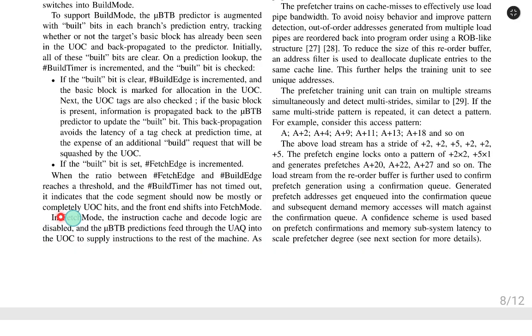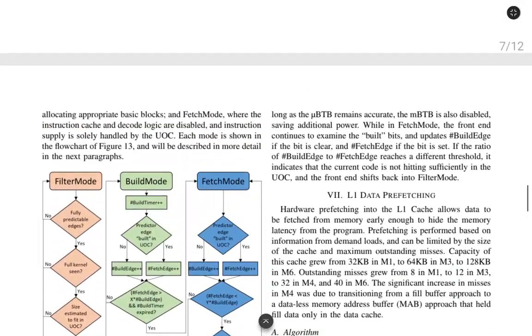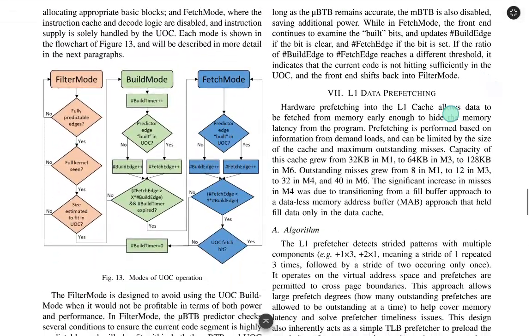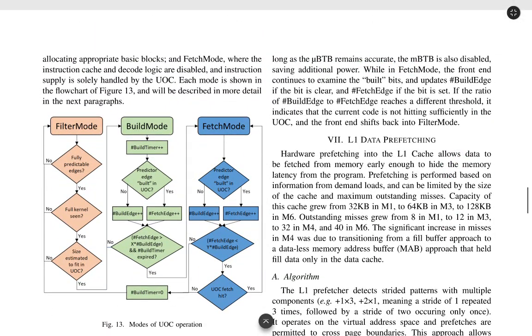In fetch mode, the instruction cache and decode logic are disabled, and the micro BTB predictions feed through the UAQ into the UOC to supply instructions to the rest of the machine. As long as the micro BTB remains accurate, the main BTB is also disabled, saving additional power.